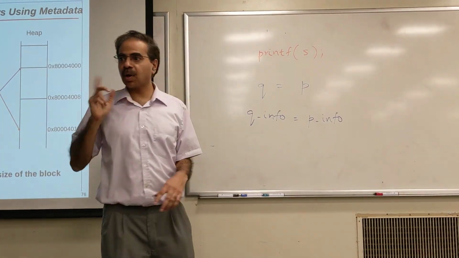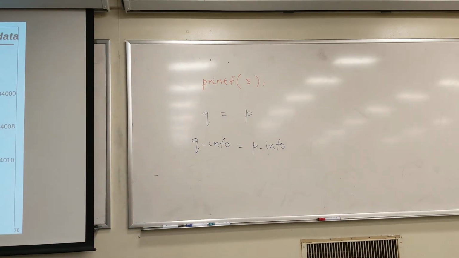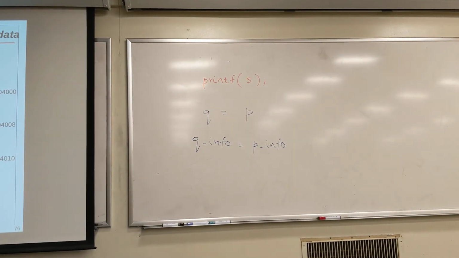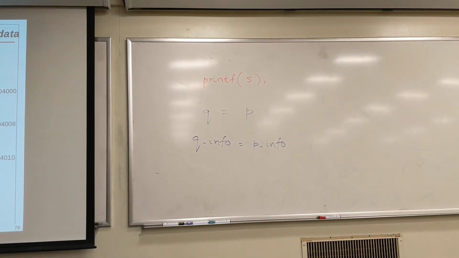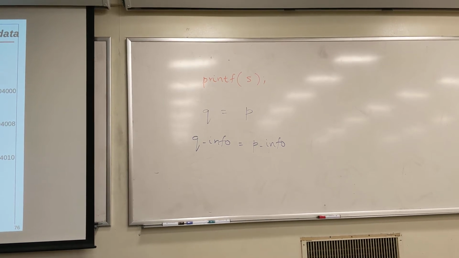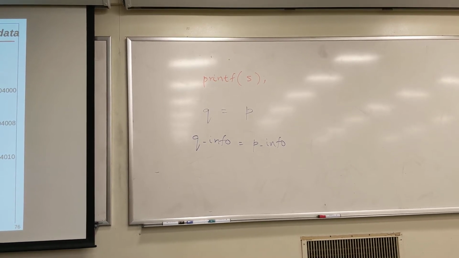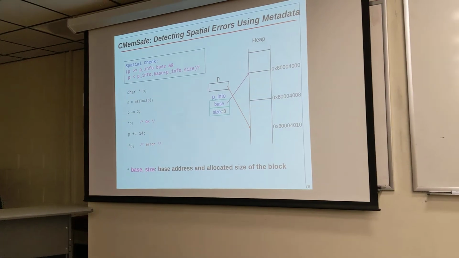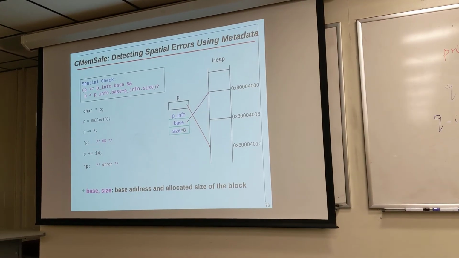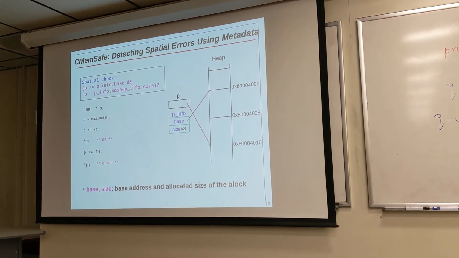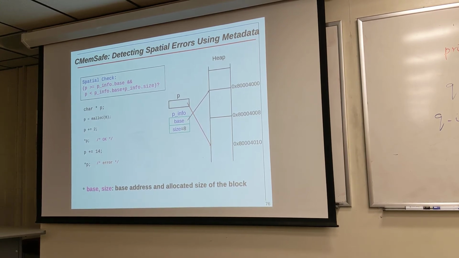Meaning that every time you copy a pointer, you also have to copy the metadata associated. So this is how you do this third technique. Intuitively it's very easy to understand how it works. A compiler can add this kind of instrumentation into your program, and then all the memory errors will be checked.